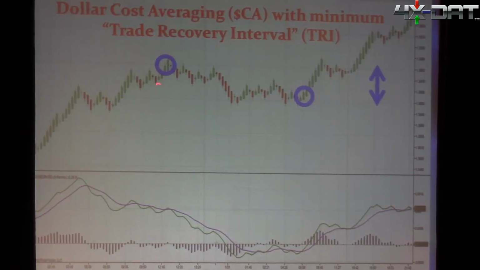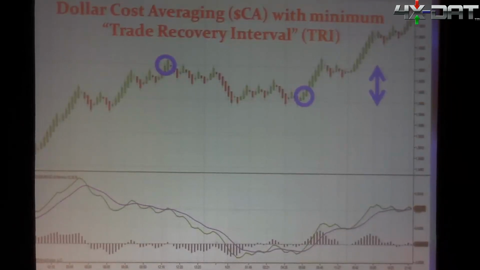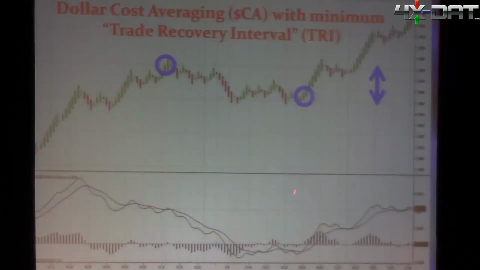We entered a long trade right here. Obviously, the market's not cooperating. It reversed, went down. Well, we're assuming that on the 60-minute chart and the daily chart, the conditions are still intact for a long entry. And as our confirmation over here crosses to the upside, we have another opportunity to enter.